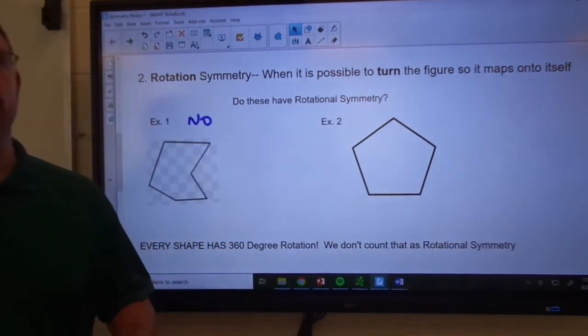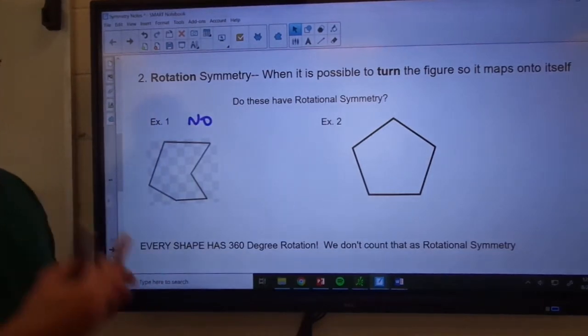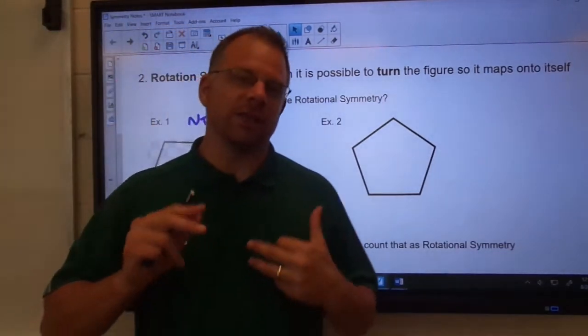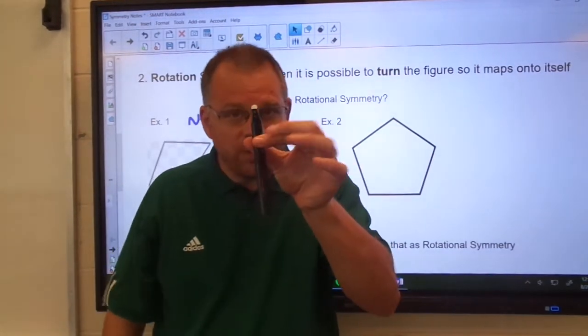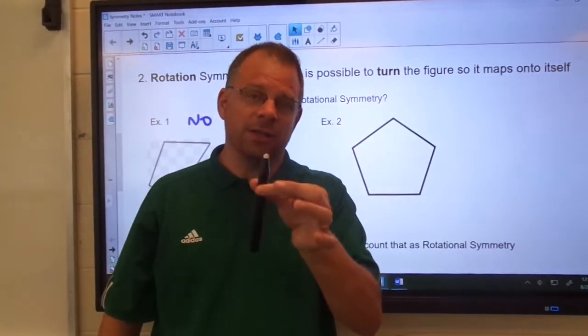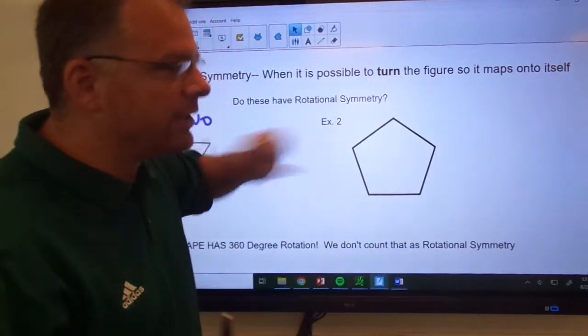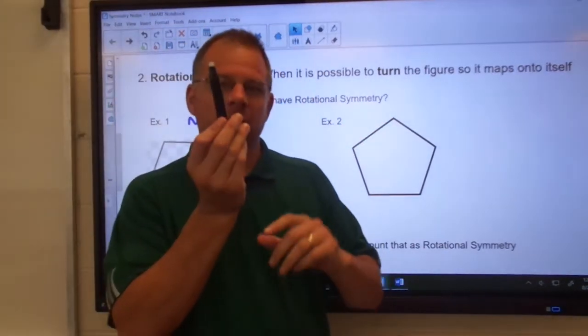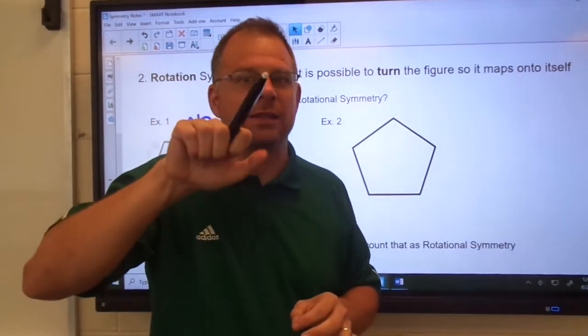Now, we want to be able to give the angle number, the degree number for that rotation symmetry. Everything in the universe has 360 degrees. I could turn this pen all the way upside down and back to where it started, and that's 360 degrees. So we don't really count that because everything has it. But for something like this, we ask how many turns, or what fraction of the way around until it's the same.